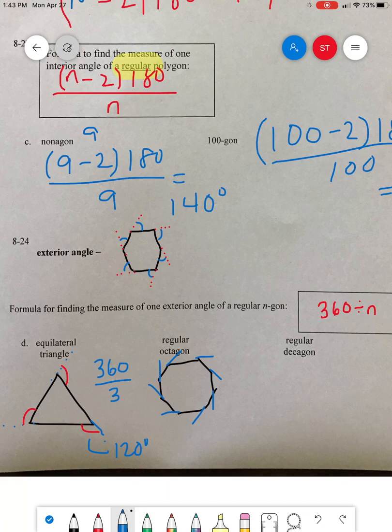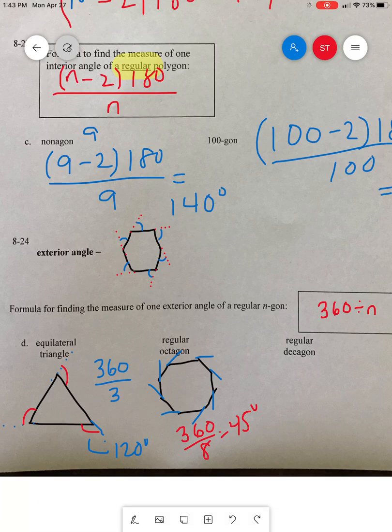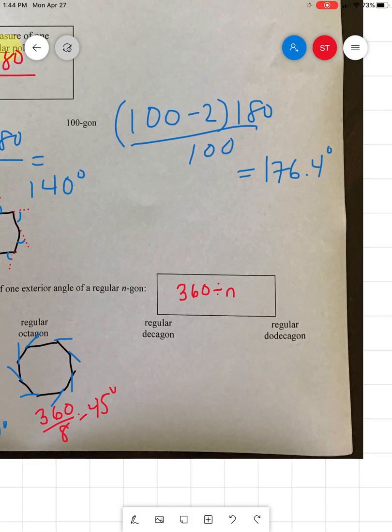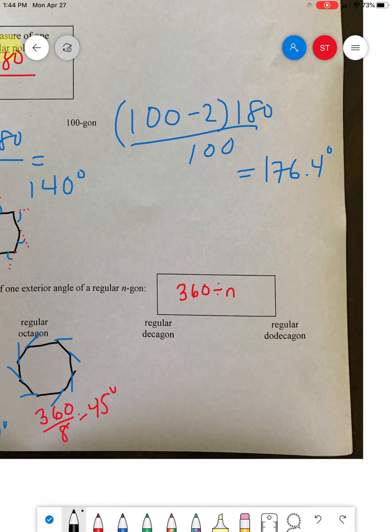But again, what's the formula? 360 divided by 8 sides in an octagon, 45 degrees each. Okay? I'm going to slide over, polish off these last 2, a regular decagon. Okay, I'm not going to try and draw that one. But what do we do? 360 divided by 10 sides. Each exterior angle is 36 degrees.